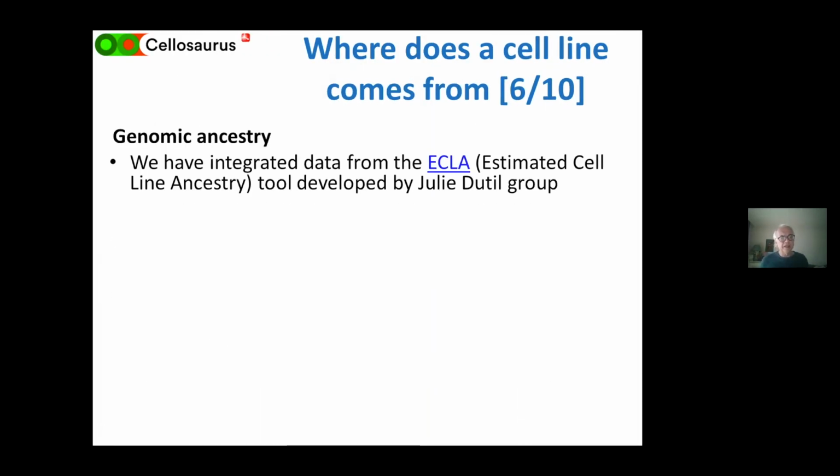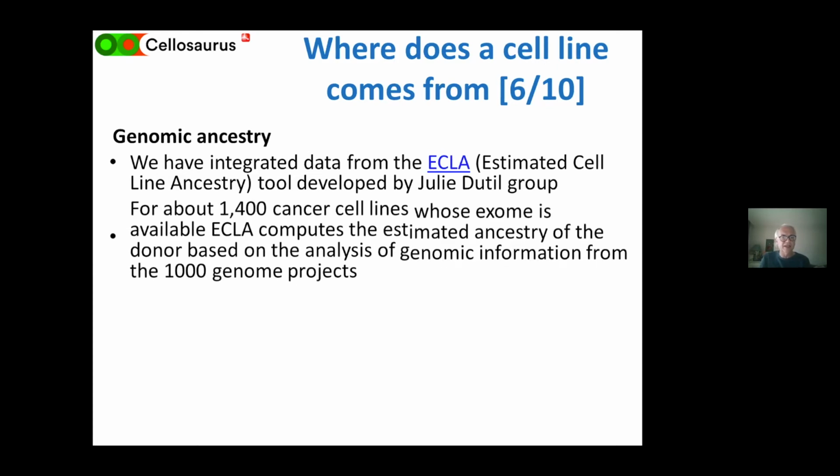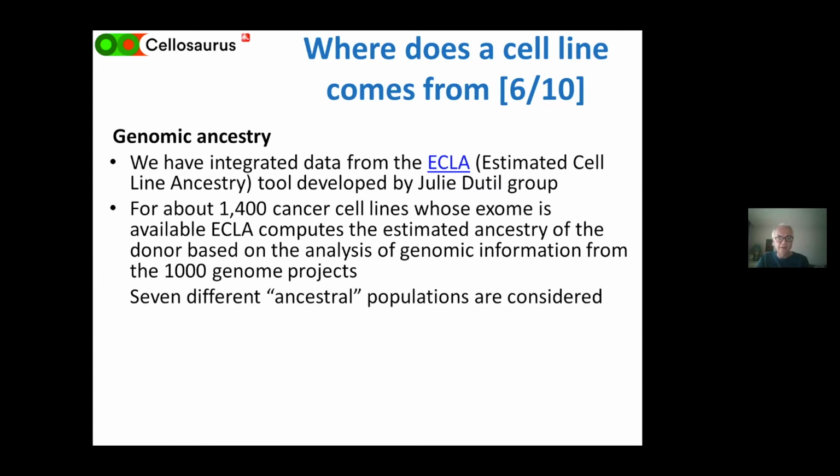Genomic ancestry, I will go quickly to it because it's a set which is limited in terms of scope, but it's a study which was done by Julie Dutil's group in the US, which has a site called EthniCell Line Ancestry, Estimated Cell Line Ancestry. And for about 1,400 cancer cell lines, they have computed the estimated ancestry of the donor, comparing those exomes to the genomic information from the 1,000 Genomes Project. And they consider 7 different ancestral populations.